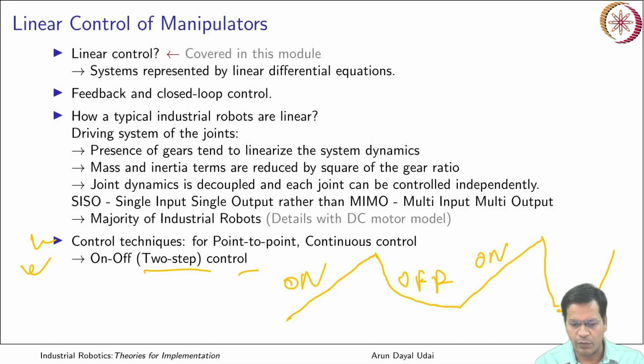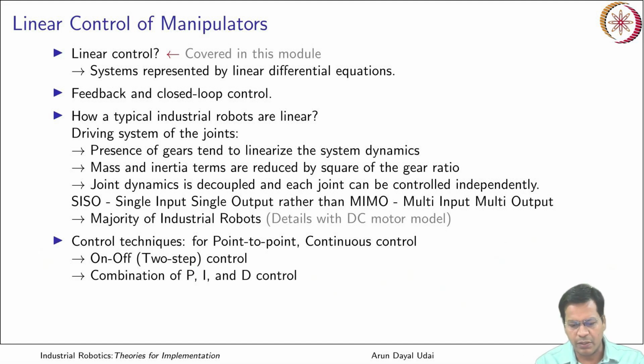So that is one controller. Others could be proportional, integral and derivative control. This is quite frequently used in industry, not just for robots but for many other equipment also. We'll go into much detail on this type of controller.